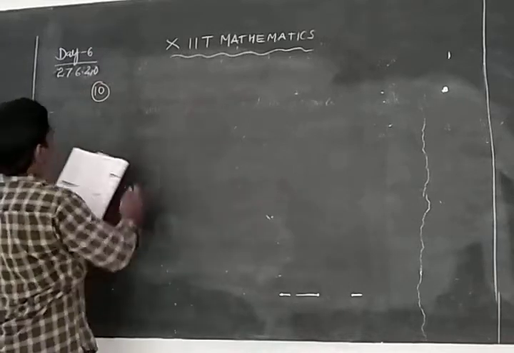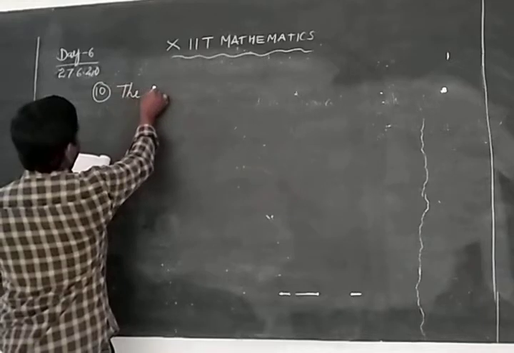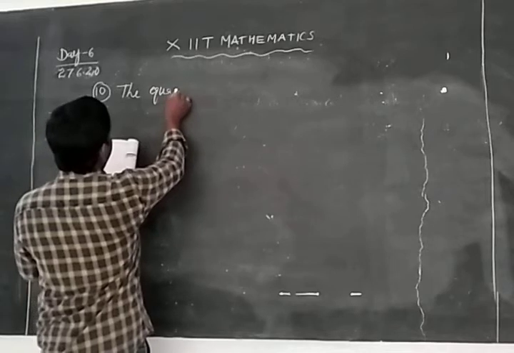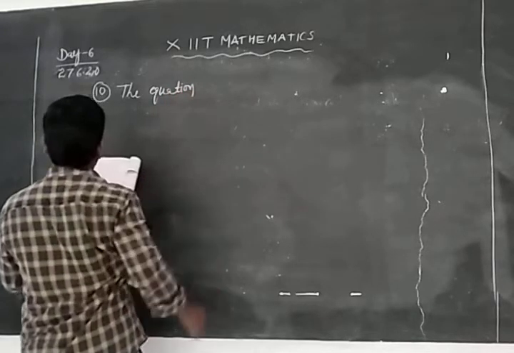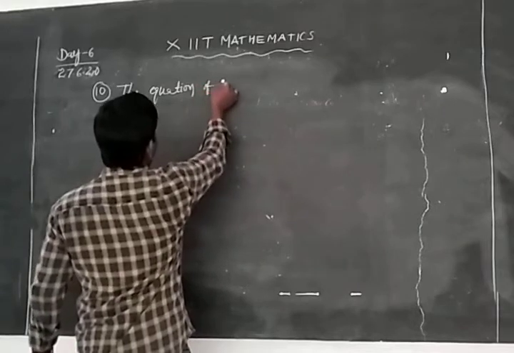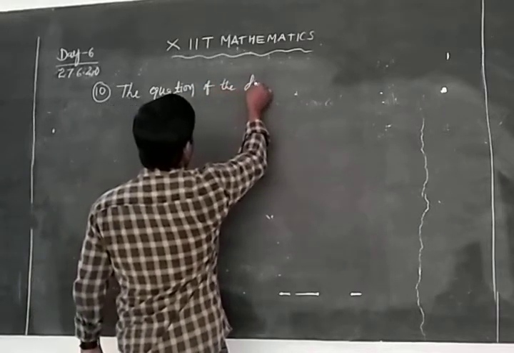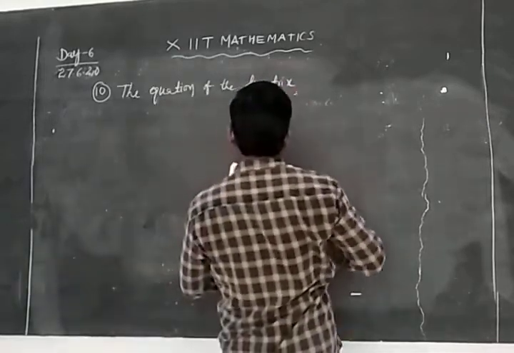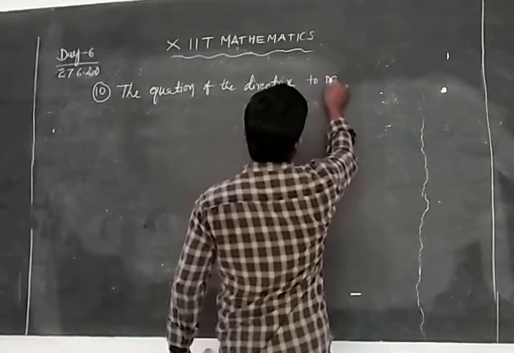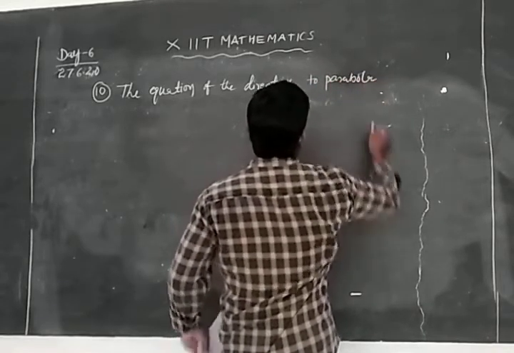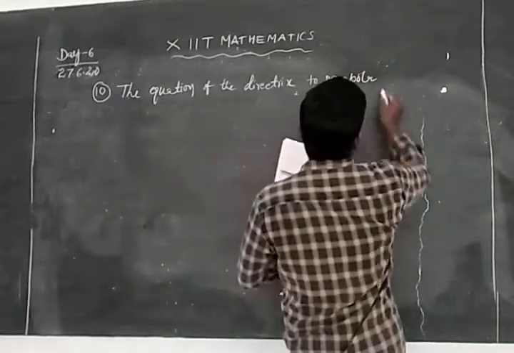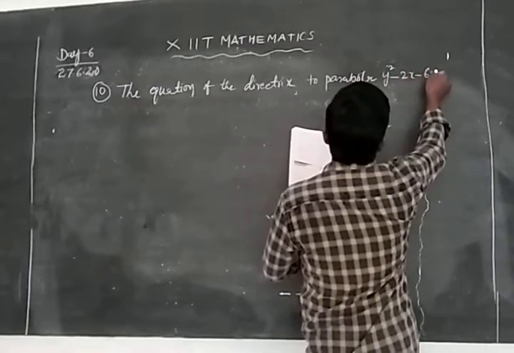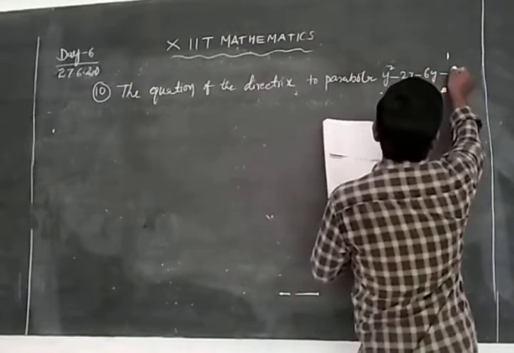The equation of the directrix to the parabola y square minus 2x minus 6y minus 5 equal to 0.